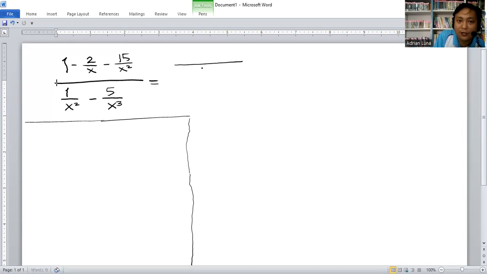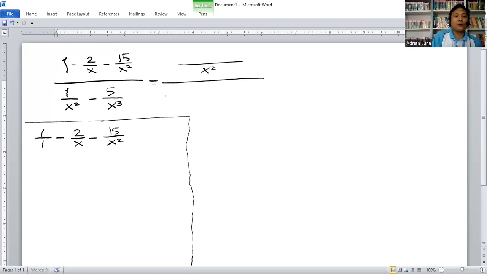X squared pa rin yung LCD natin. So, sulat natin yung numerator natin: 1 over 1 minus 2 over x minus 15 over x squared. Sulat natin yung main fraction bar, which will serve as our division operator natin.